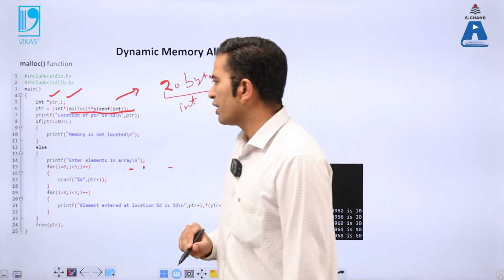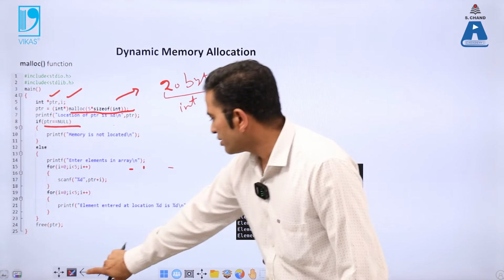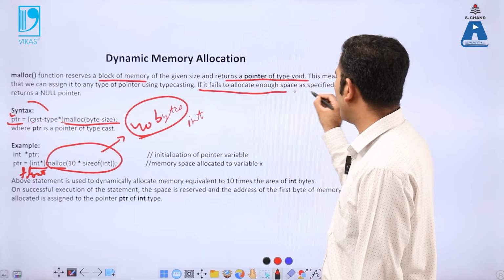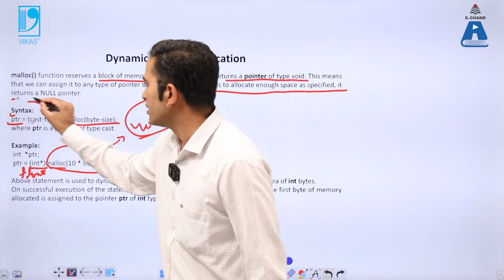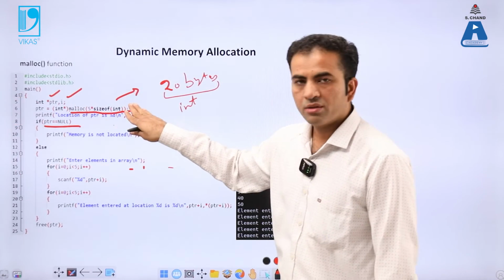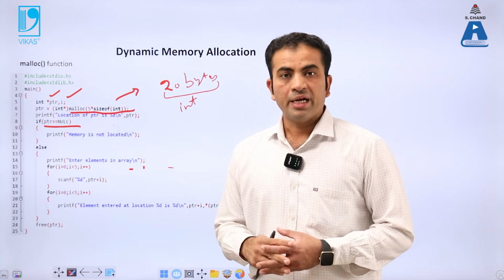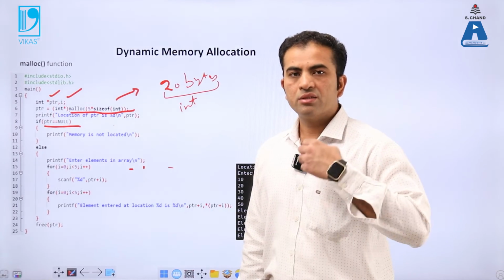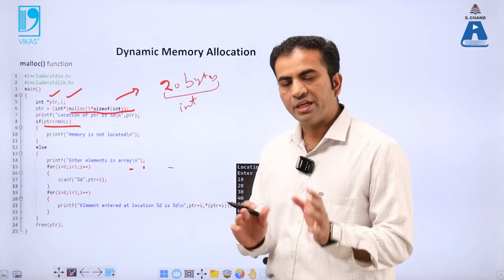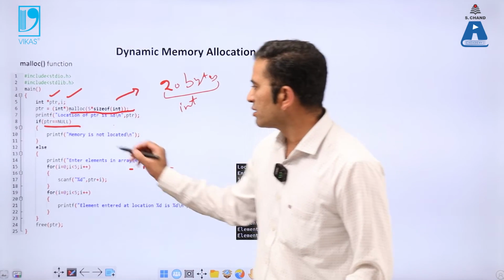If ptr equal to null, what is null here? In the previous slide it is mentioned. If it fails to allocate enough space as specified, then it returns a null pointer, okay. If we are demanding a particular memory size, but that memory size is not available, and the malloc function is unable to allocate the required memory size, then it returns the null pointer.